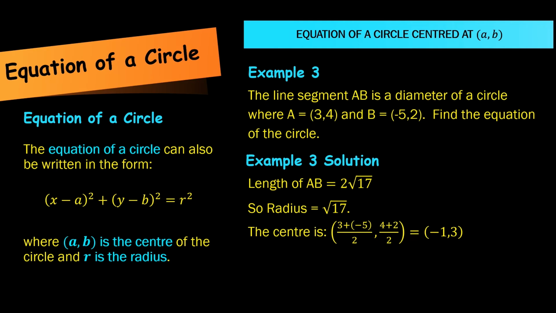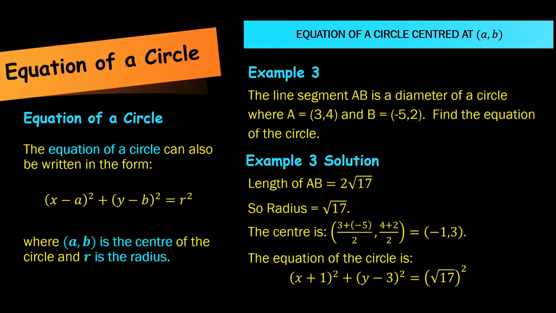And therefore the equation of the circle is (x plus 1) all squared, or (x minus minus 1) all squared, plus (y minus 3) all squared, equals the radius squared, which is 17.